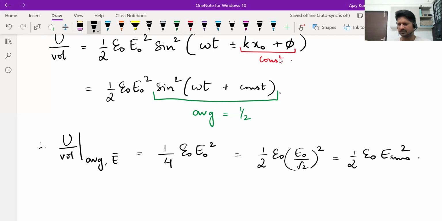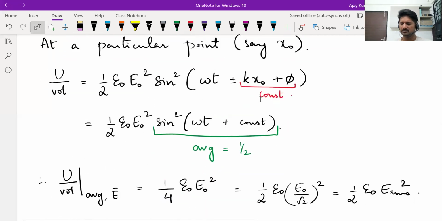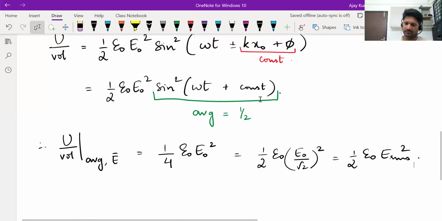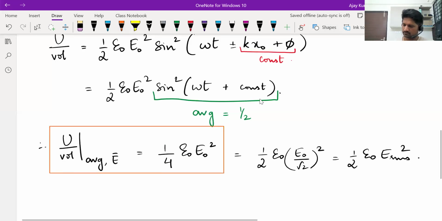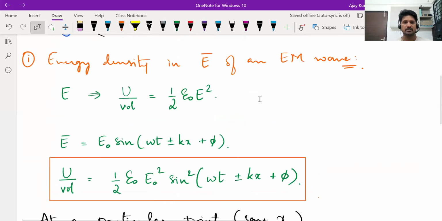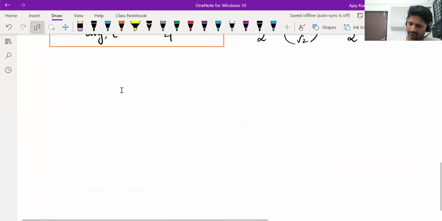So whenever any function is variable, if you want the energy, you take the effective value of that function. So E RMS squared. Fine. So this is the average energy density in the electric field of an EM wave. Only the electric field. This much. Similarly, we can derive an expression for energy density in the magnetic field of an EM wave.